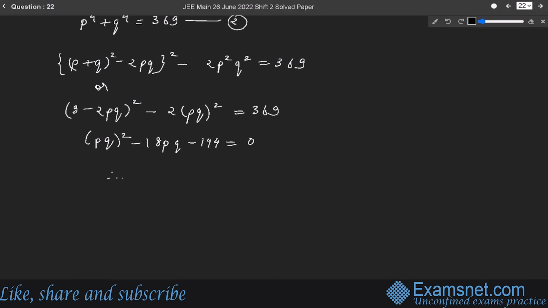Therefore, we can say that pq will be equal to minus 6 or pq will be equal to 24. But pq is equal to 24 is not possible. Therefore, we will take the value pq is equal to minus 6.